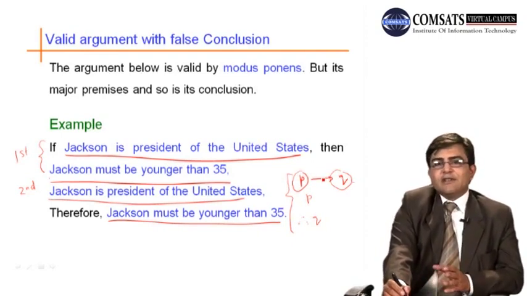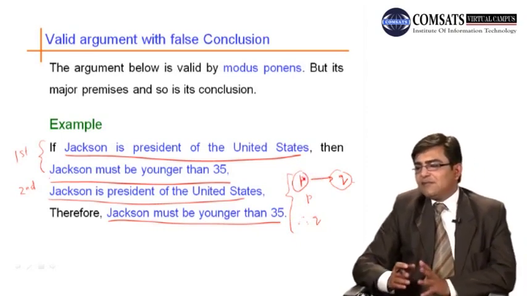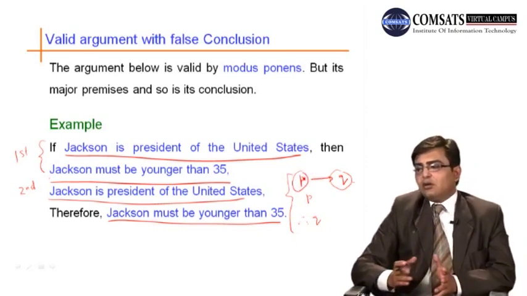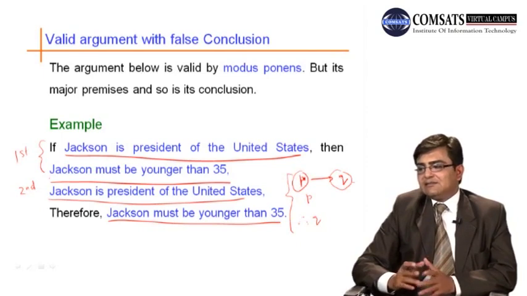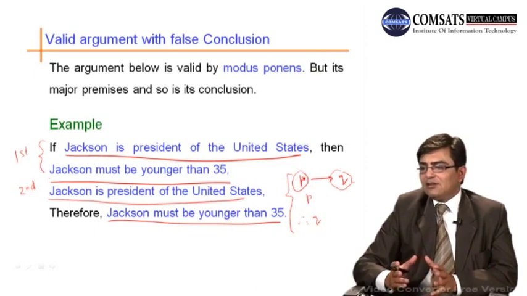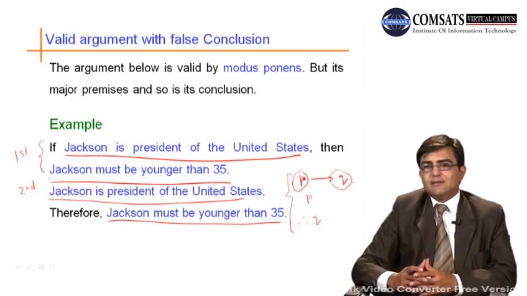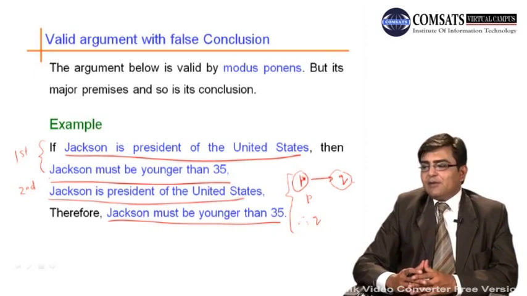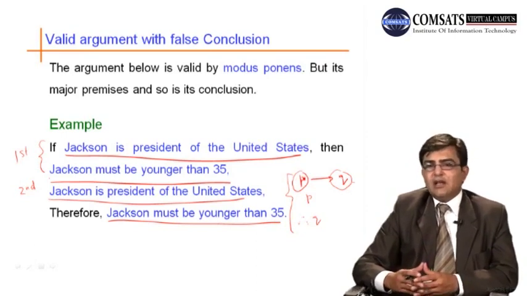So the individual statements are basically false, or this argument doesn't make any sense. So such type of valid arguments in which the conclusion in real life problems can be false.